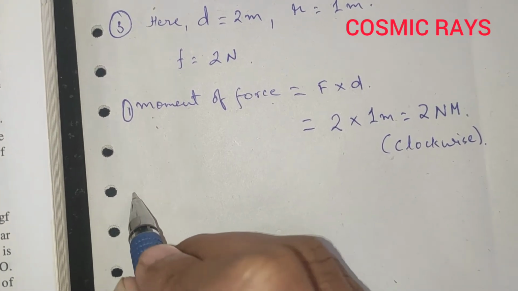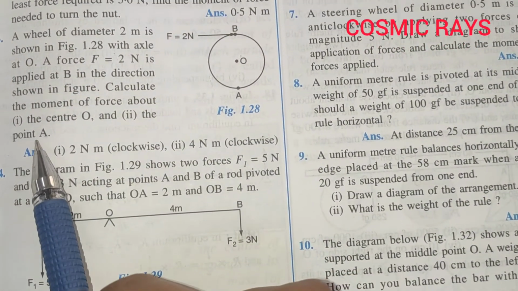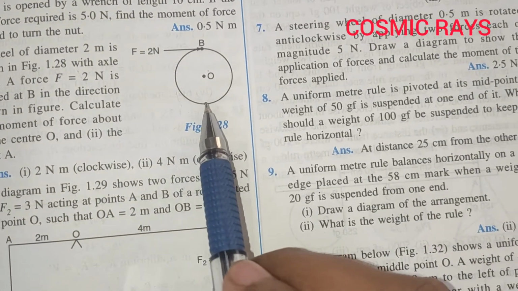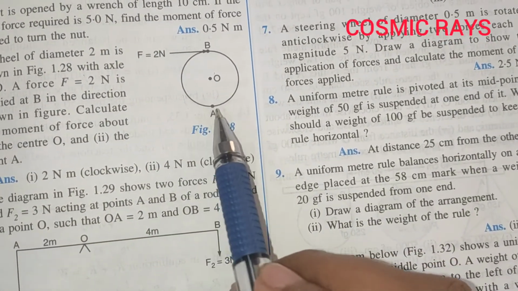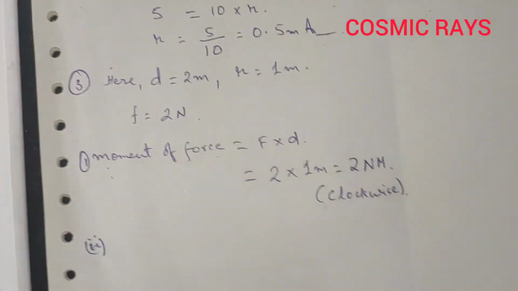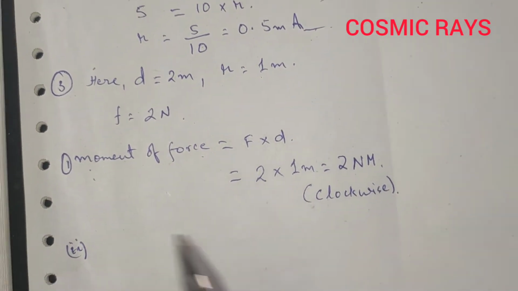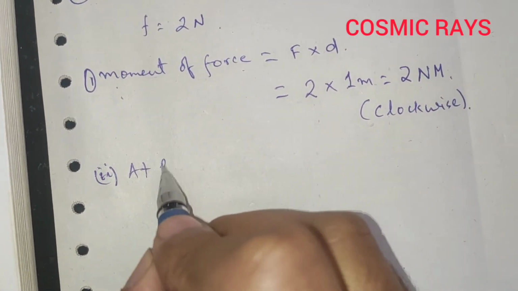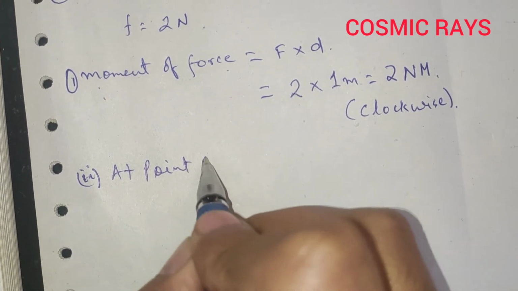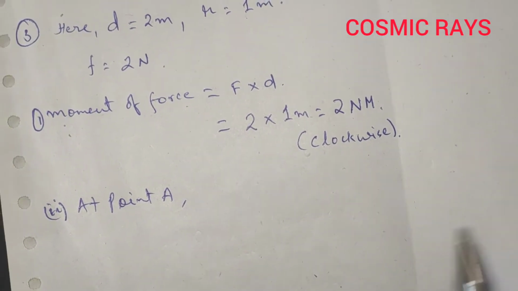Then the second part of this question says the point A, we have to find it here. So the moment will be in this direction again, so it is going to be clockwise only. So at point A, we have to calculate the moment of force.